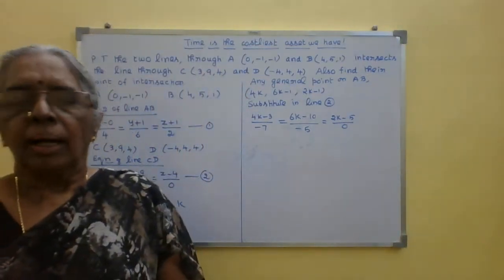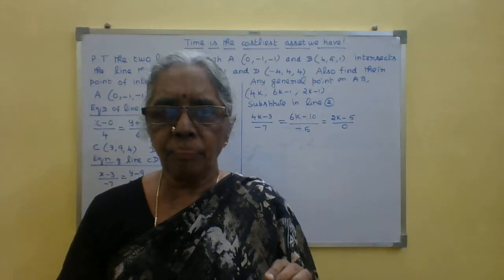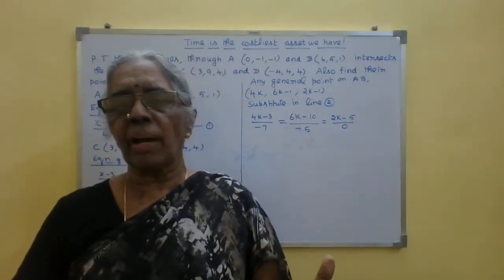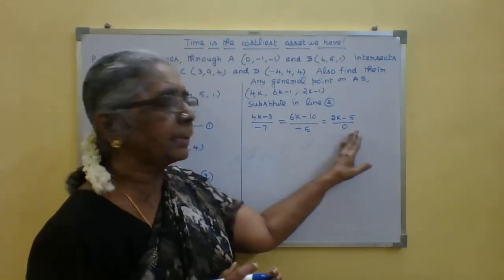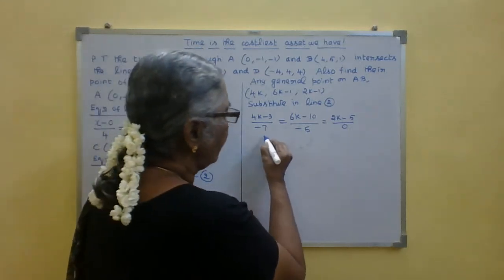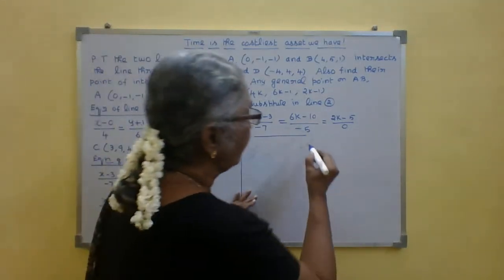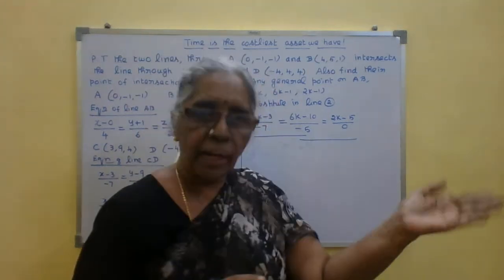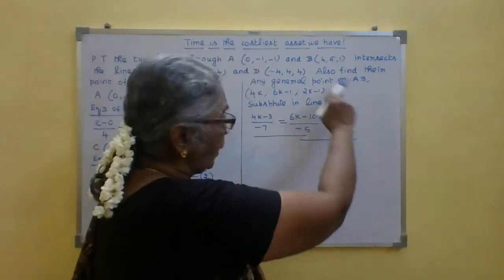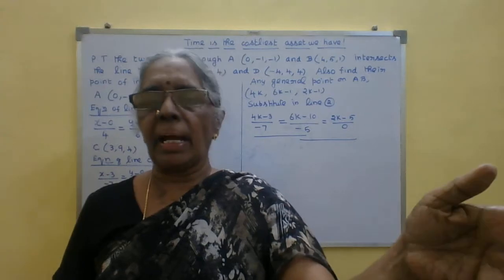Now for that k, if I get the same value, actually there are three parts here, right? Now I will equate first these two and find the value of k. I will equate this and this and find the value of k. I will equate these two and then find the value of k.